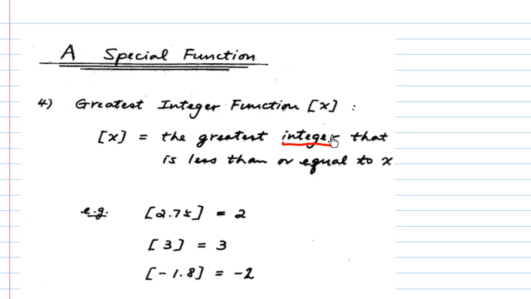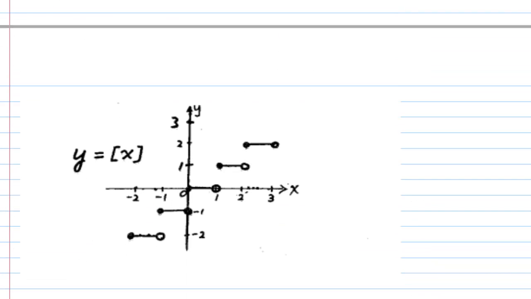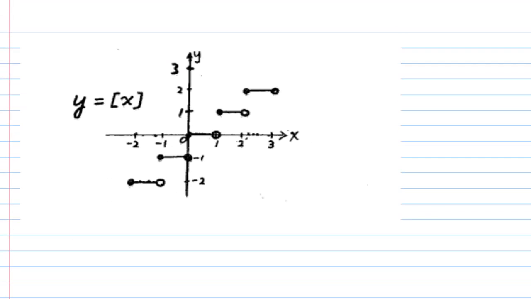Alright. And how does the graph look? You can see that the graph looks like a staircase, a lot of steps. For example, let's say x is between 3 and 4. Then what is the greatest integer less than or equal to x?